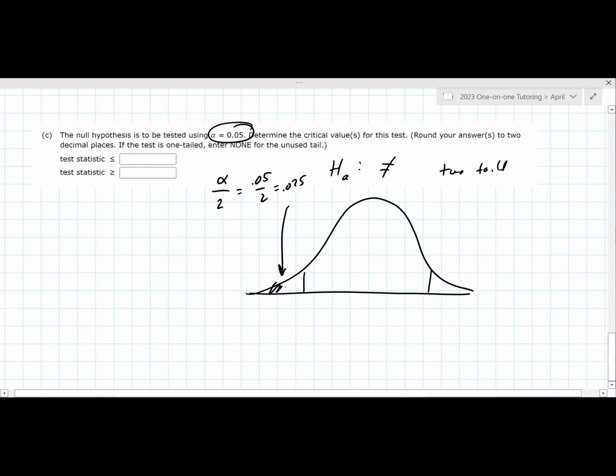That's in this tail 0.025, and in this tail 0.025. This is where you got to go to inverse norm again. Area is 0.025. Standard, I'm sorry, mu is 0, standard deviation is 1, and get that value that goes in there.